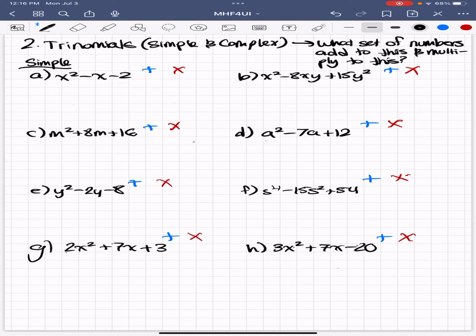It's how you can begin to learn, and eventually you'll see how parts of this fit together, how when you expand out, you'll get the original expression and what adds to this and what multiplies to this. I'm talking about this term adds to this and multiplies to this. So adds to -1, multiplies to -2.